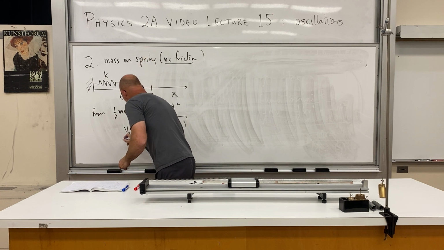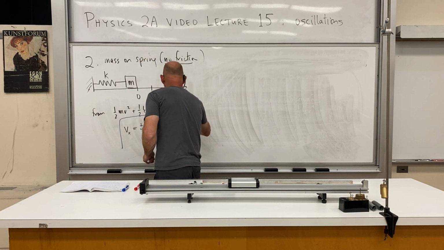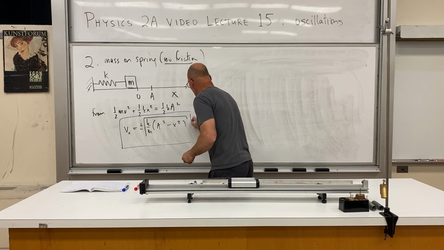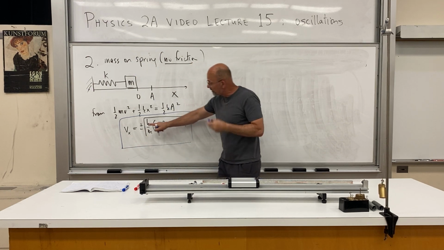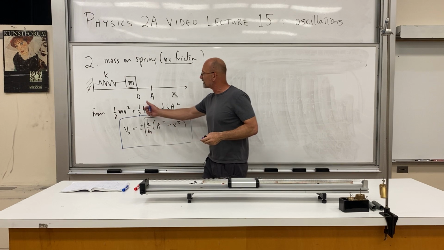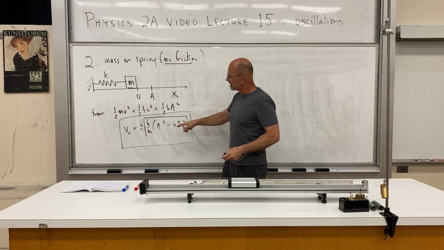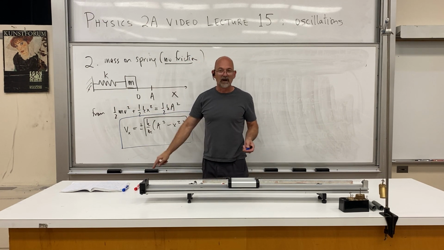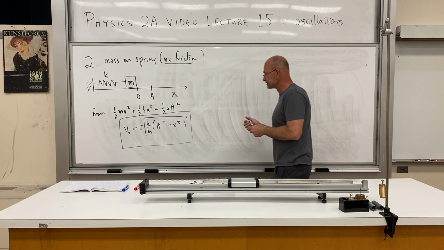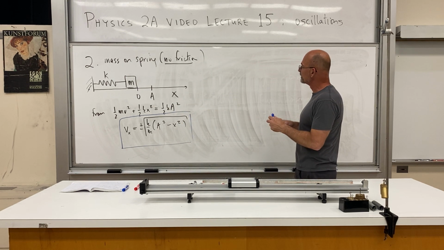So conservation of energy gives us this velocity formula. And you could say, well, why the plus and minus sign? Well, the plus sign is if we're moving in the positive direction. Minus sign means we're moving in the negative direction. So we're complete right here. So that's v sub x.